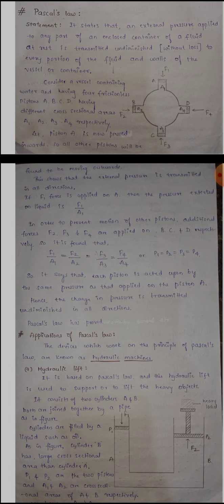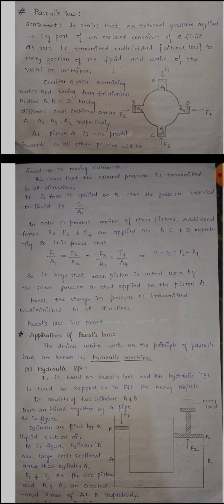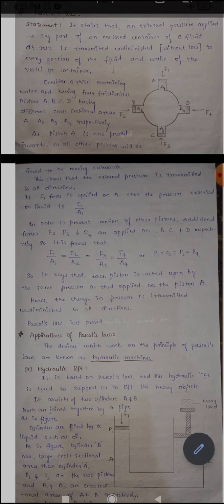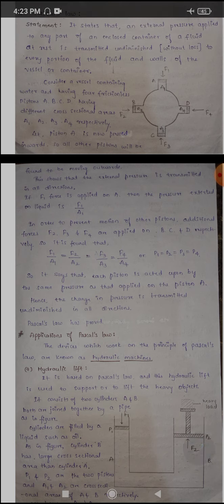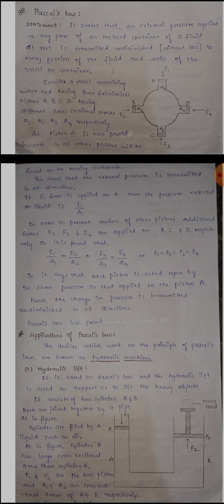When we apply this pressure on piston A, all the other pistons start to move outward. To prevent this motion, we additionally apply forces to the B, C, D pistons: F2 amount of force to piston B, F3 to piston C, and F4 to piston D, in the inward direction.